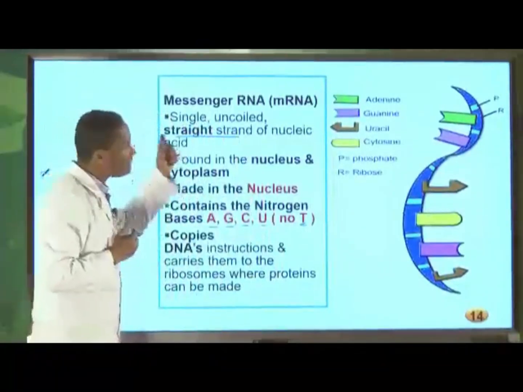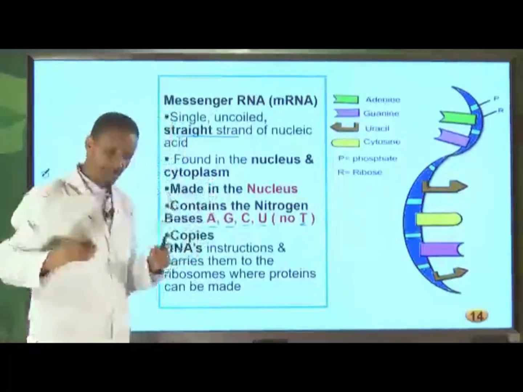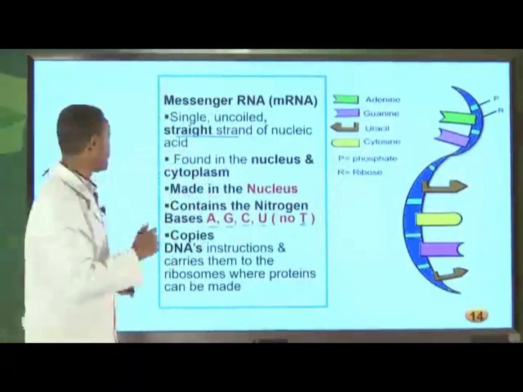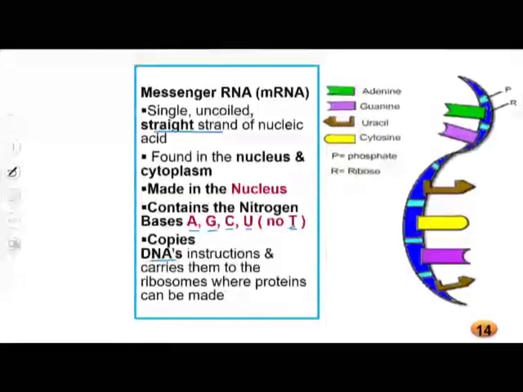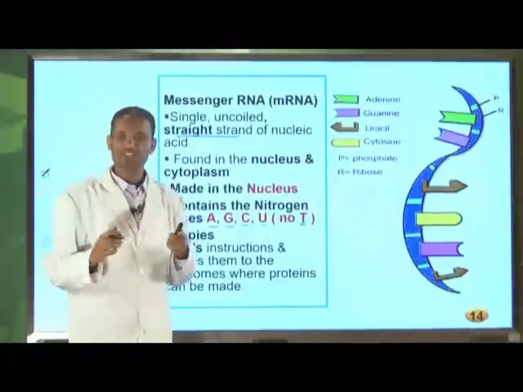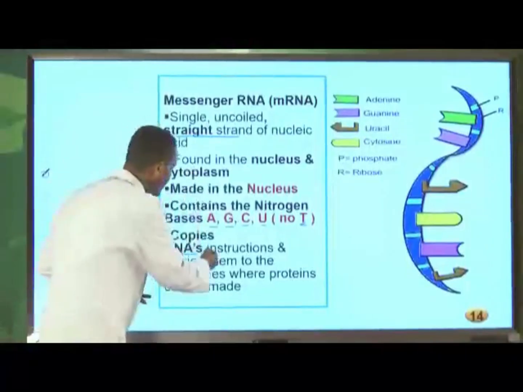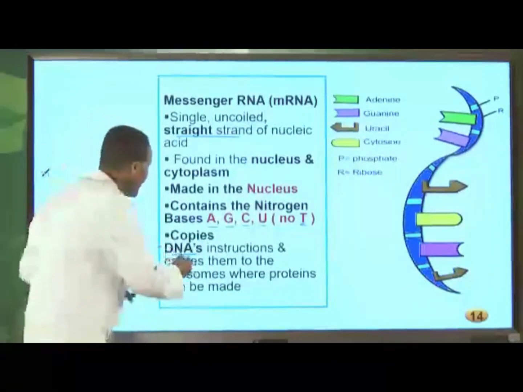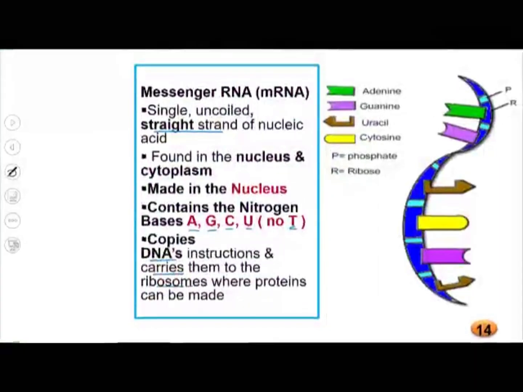Therefore, the main function of messenger RNA during protein synthesis is that it copies DNA's instruction. The genetic information, or the instruction for protein synthesis, is given by DNA, but the information given by DNA can be copied by messenger RNA, which carries the copies of this information to the ribosome.